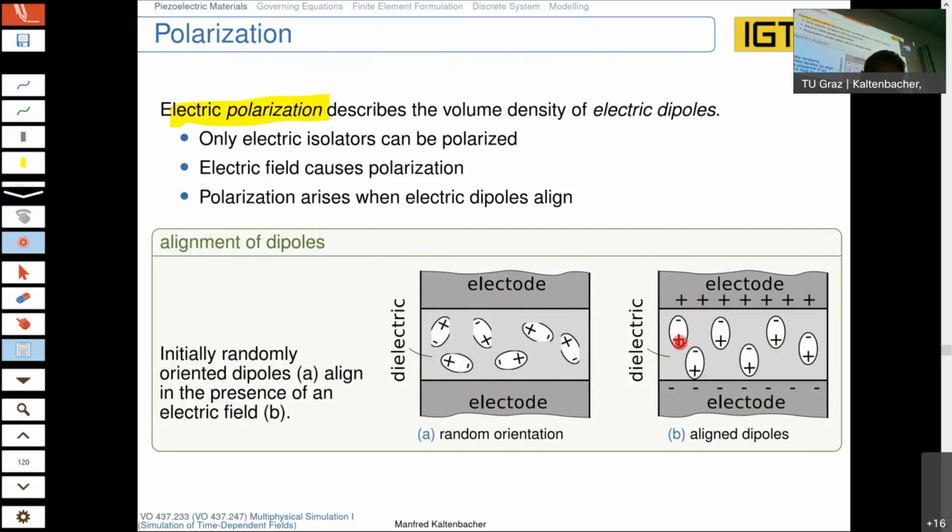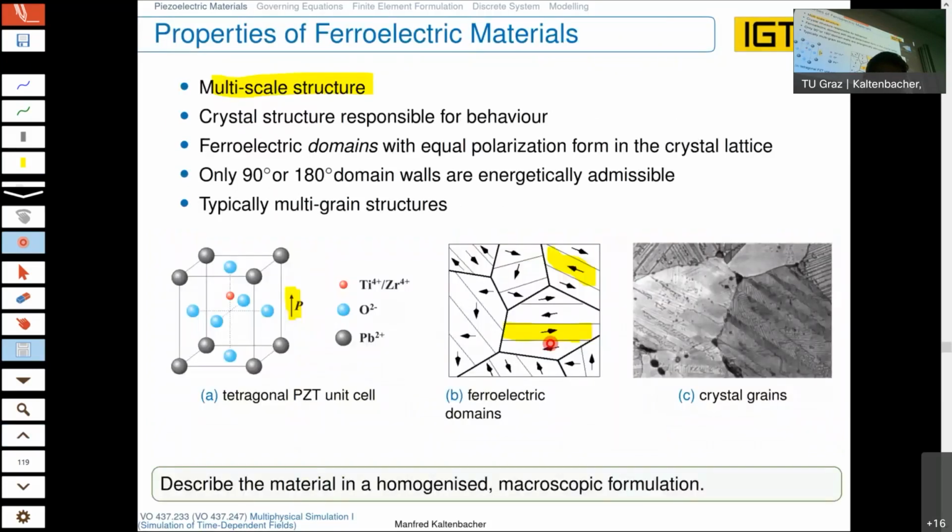And that would be an ideal alignment that is not possible in the practical case. However, a lot of these individual domains will have a common alignment.